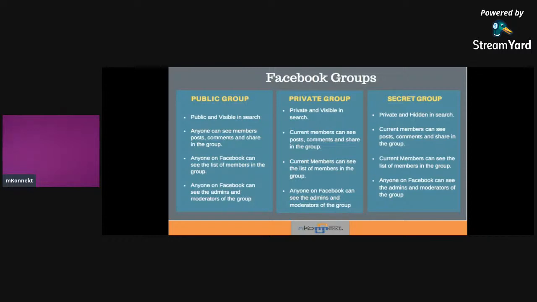They can see the list of members who are part of the group, and this is restricted to the group members. The third one is the secret group. It is a private group, but when anyone searches for a group, these details are not shown in Facebook groups.